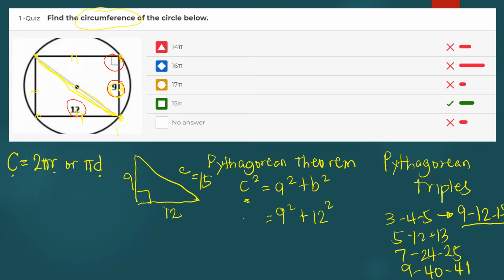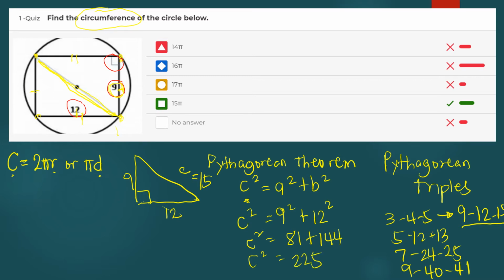So that is equal to c squared. So let's solve it as well. That will be c squared is equal to 81 plus 144. If we add 81 and 144, that will be 225.